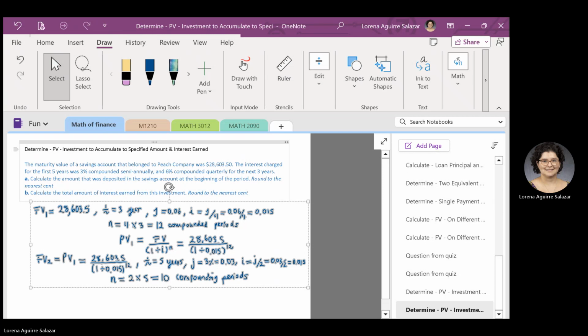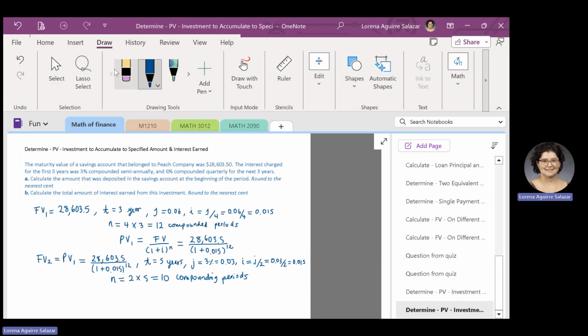Now, the amount that was deposited in the savings account at the beginning comes from finding present value 2 equals future value 2 divided by 1 plus i to the n. The future value 2 is 28,603.5 divided by 1 plus 0.015 to the 12.